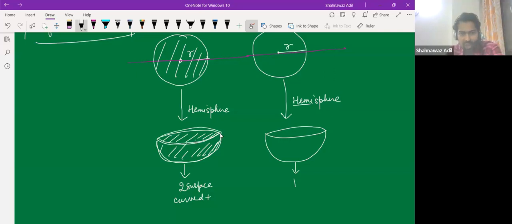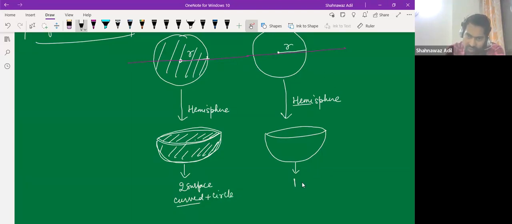So you have a bowl, and then you fill that bowl with some water, right? You will have this upper part, which would be of a circular shape, and then the bottom part would be this hemispherical shape. So you will have this curved part and then this circular part.